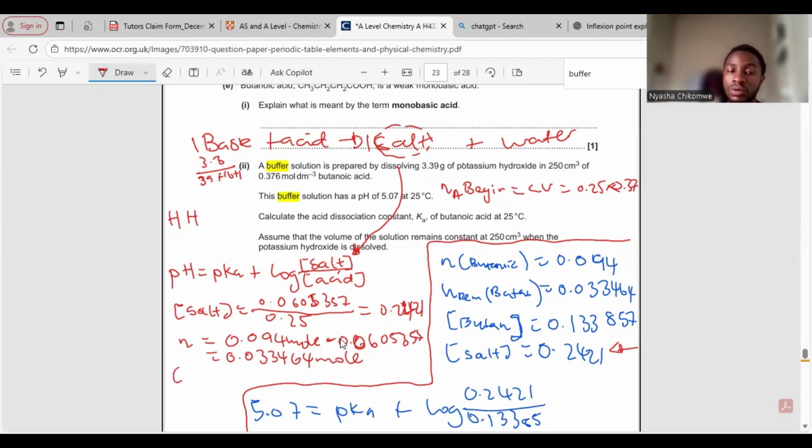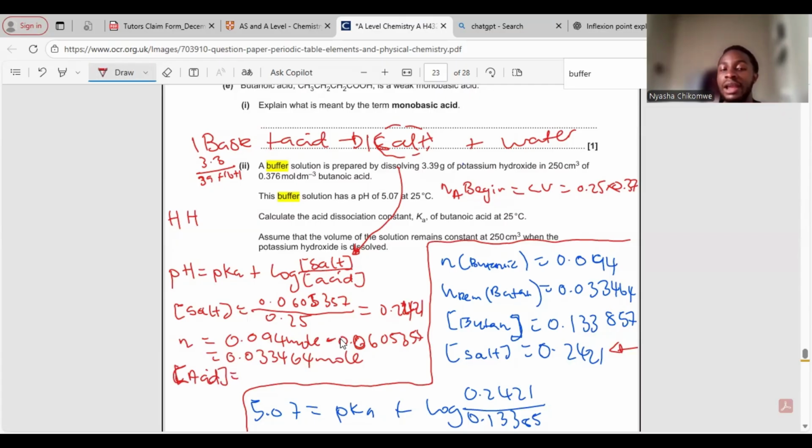Now I need to calculate the new concentration of the acid, because this one was the old one, 0.376. Some moles have been removed. And how many moles have been removed? 0.060. How do I know? Because those were the number of moles of the base that was added, and they are reacting in a ratio of 1:1.